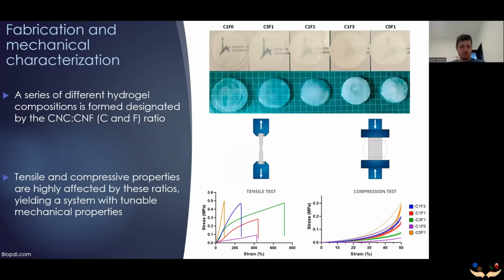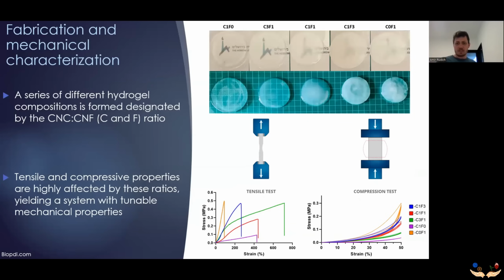Now, as I've said, depending on the different nanomaterials embedded, whether it be CNC or CNF, we're able to form a whole range of differently behaving hydrogel composites. As you can see in the image above, we're able to form a series that, depending on whether it was CNC or CNF that was embedded, behave differently.